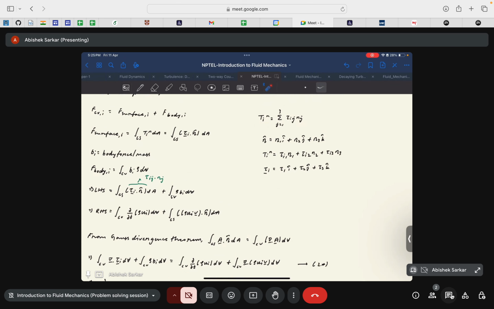So he was just trying to make you understand how this conversion is done, like how to replace this as this. And to do that, he wrote the shear stress tensor in the form of a vector, like a vector in which each of its components has separate components.